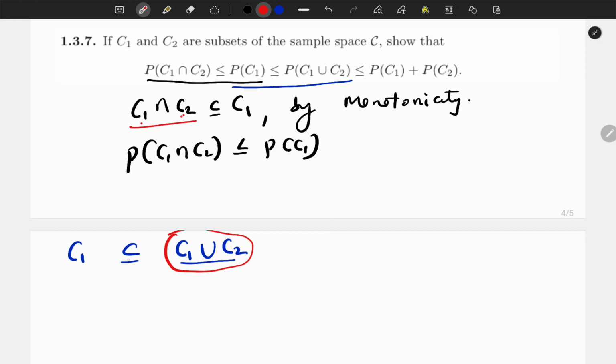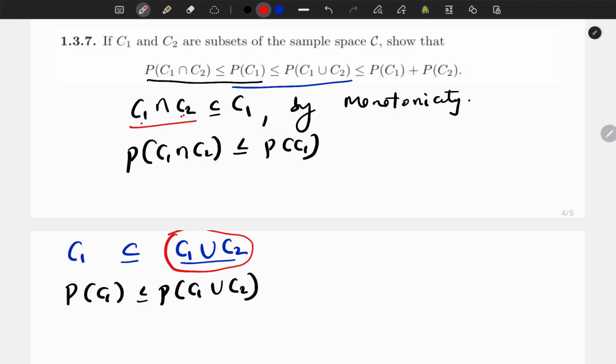So C1 is smaller than this and is contained in it. Also by monotonicity, the probability of C1 is less than or equal to the probability of C1 union C2.